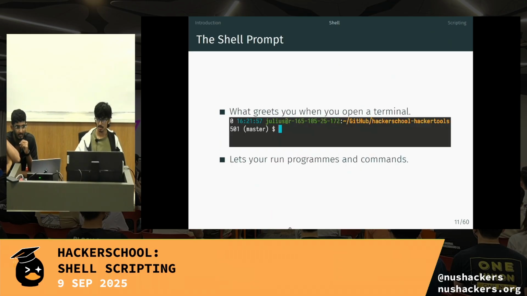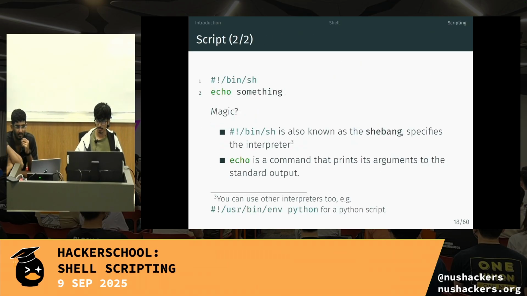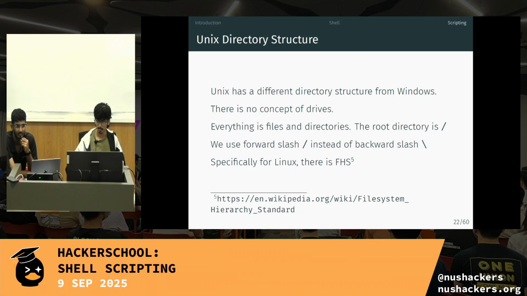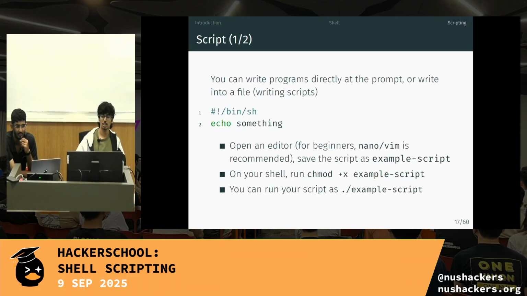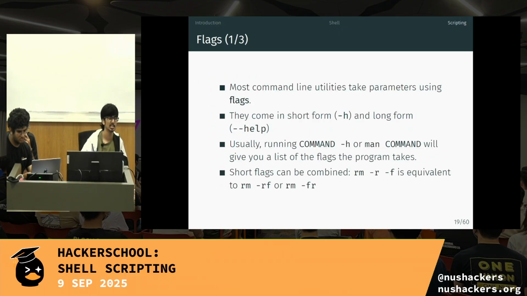So another important concept in most Unix-based programs is flags. Most of the command line utilities take parameters in this form, and usually they come in either short form, which is -h, or long form, which is like --help. So -h is the equivalent of --help, and there are other examples which we'll cover later.